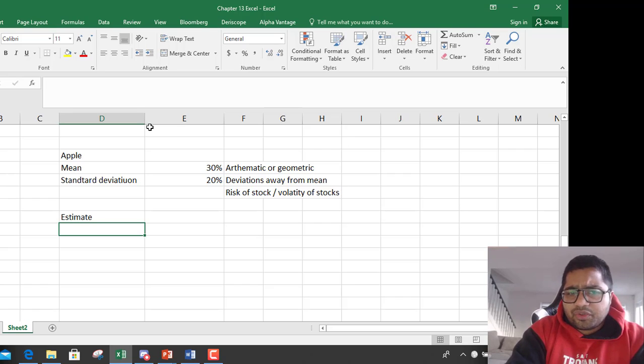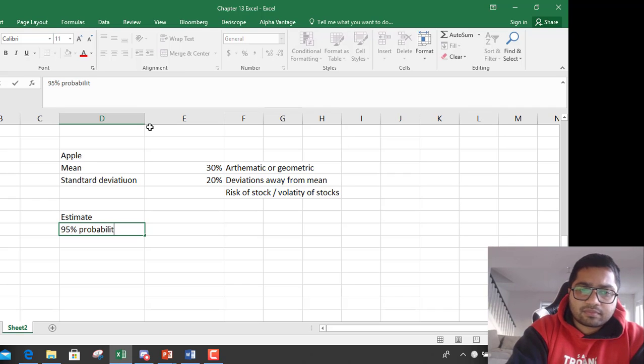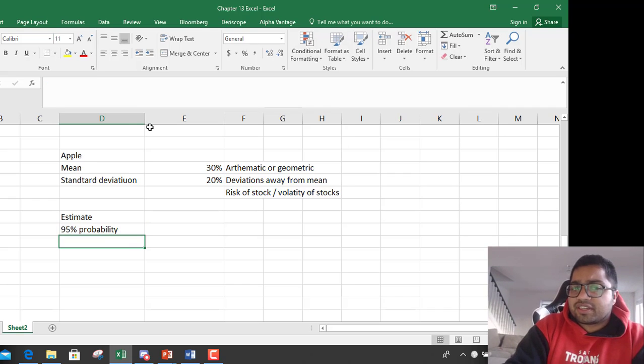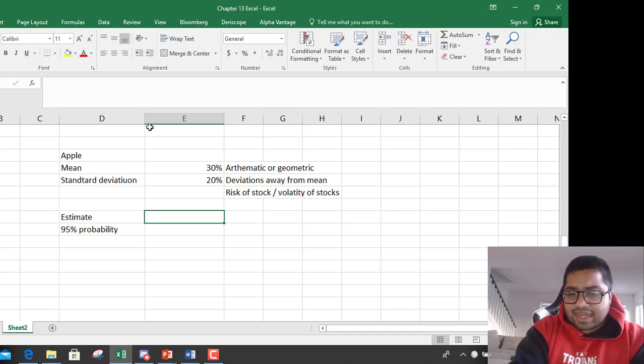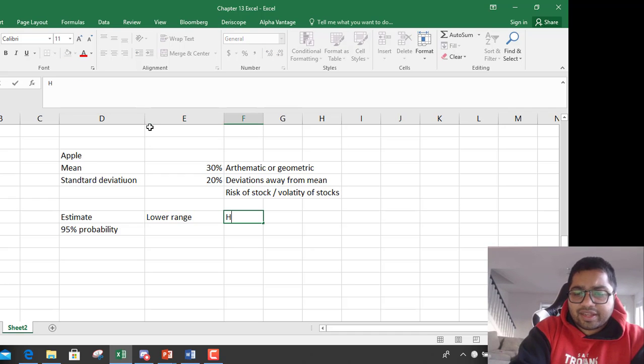So if you know the mean and standard deviation, the rule of log normal distribution says that with 95% probability, with 95% certainty, you can say that stock returns will have a lower range and a higher range.